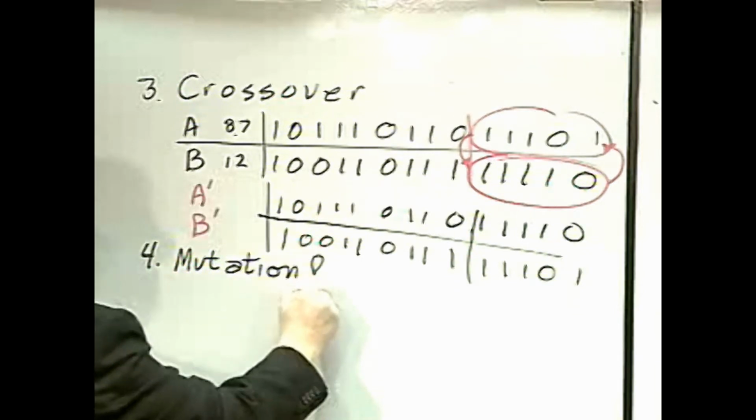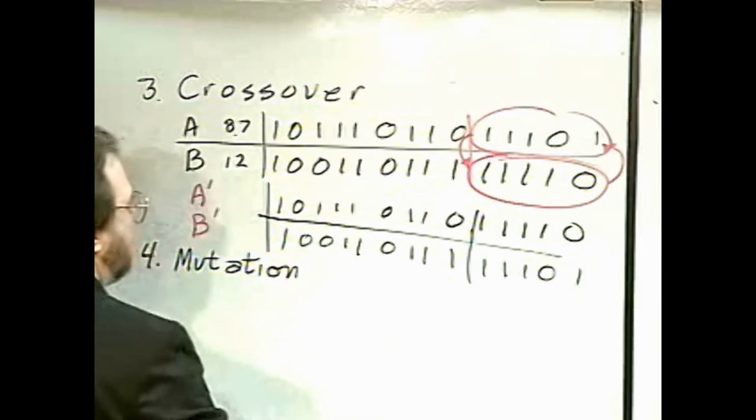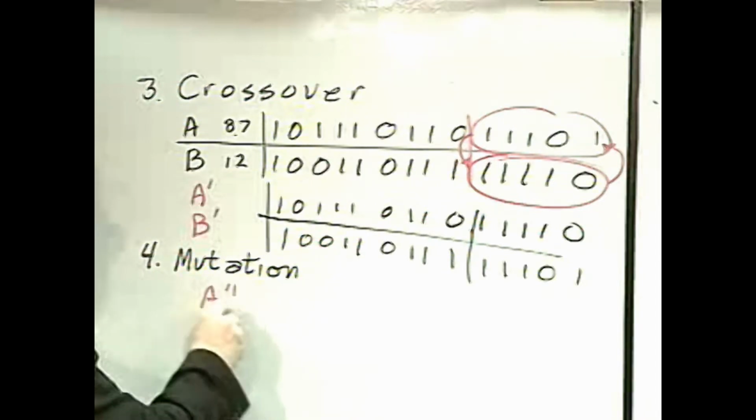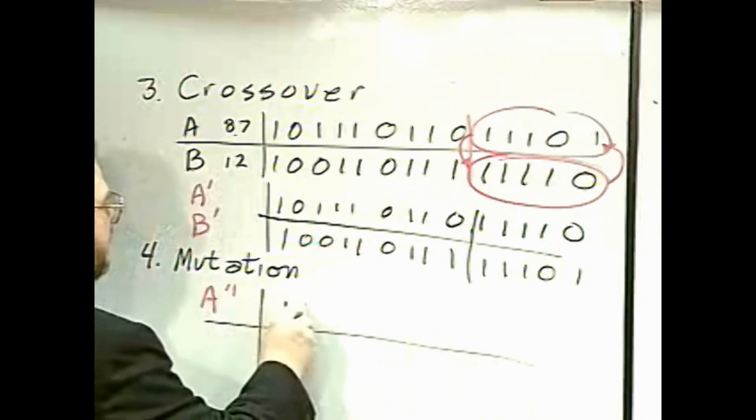Mutation. Mutation occurs by going through the new population and with a small probability flipping a bit from a 1 to a 0, or a 0 to a 1. Okay? So with a certain probability, we might have A double prime be 1, 0, 1, 1, 1.